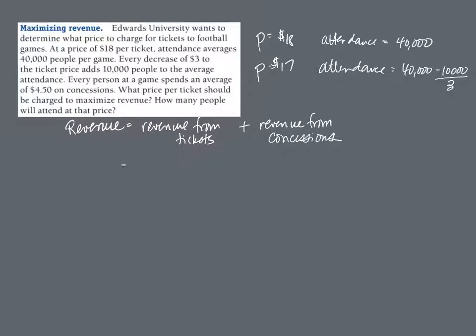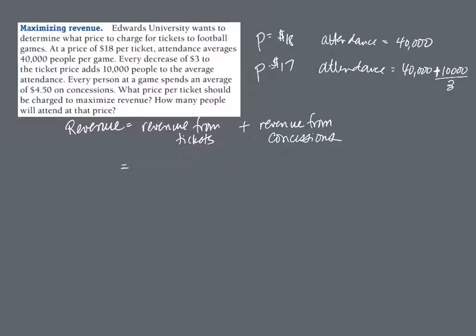All right, well, revenue from tickets is the number of tickets I sell at a particular price. And I know that when I charge $18, attendance is 40,000, and for every $3 I lower the price, the average actually goes up. I've got to make an adjustment back up here: 40,000 plus 10,000 divided by 3. So how many of these $1 decreases do I want to incorporate?